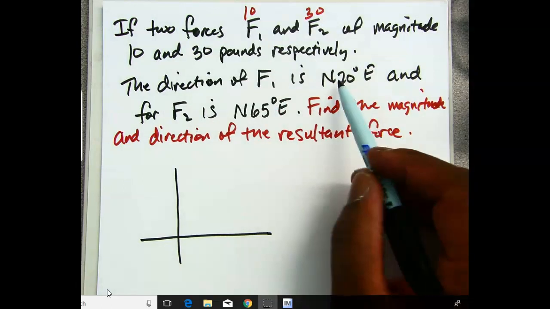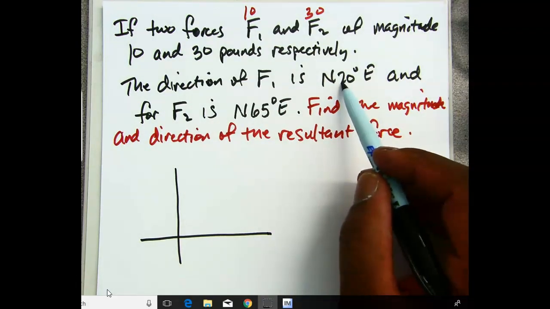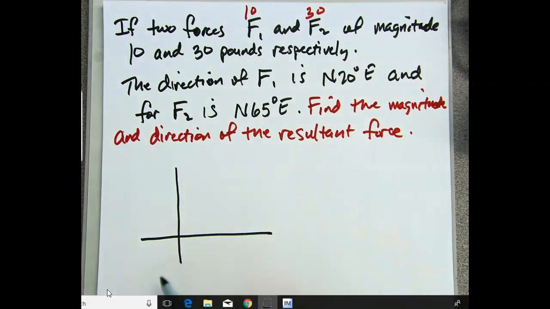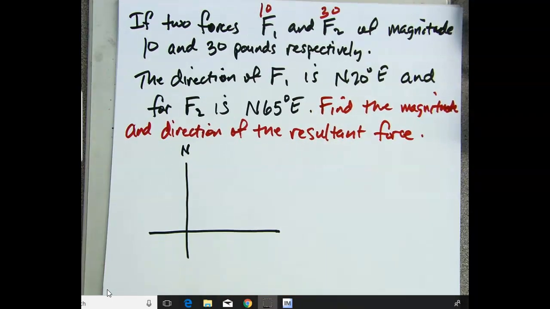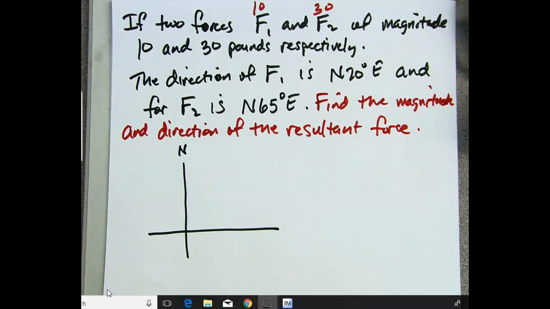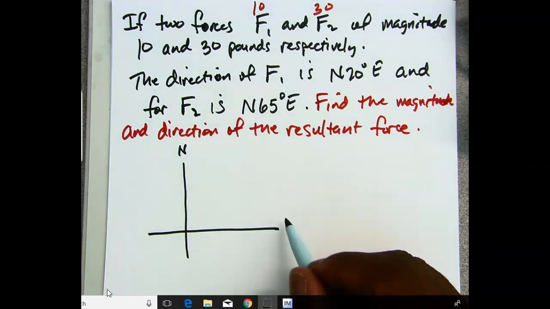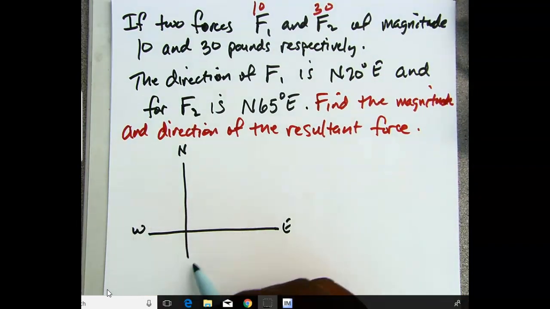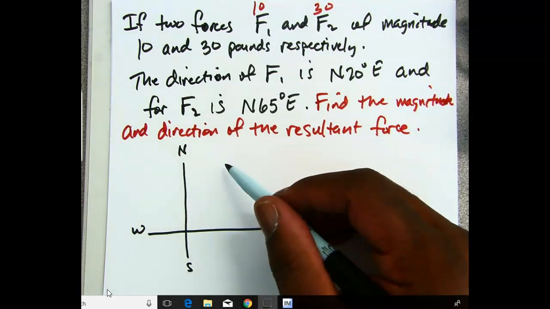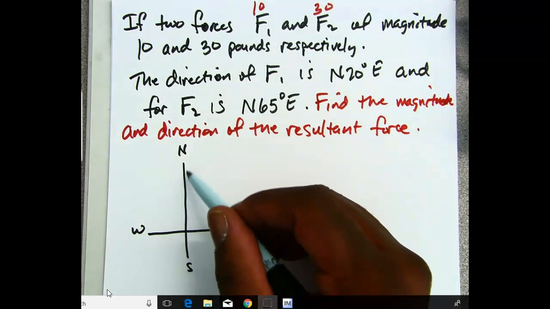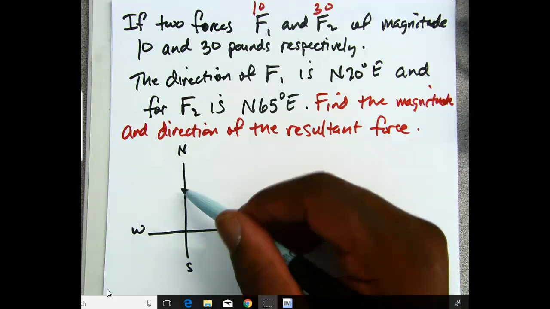Now F1 is north 20 degrees east. So here's my north. If we're going east, which way are we going? To the right or to the left? To the right. So this is our east, there's our west, there's our south. So if we're north and we're 20 degrees east, then we're 20 degrees off of the northern axis here.